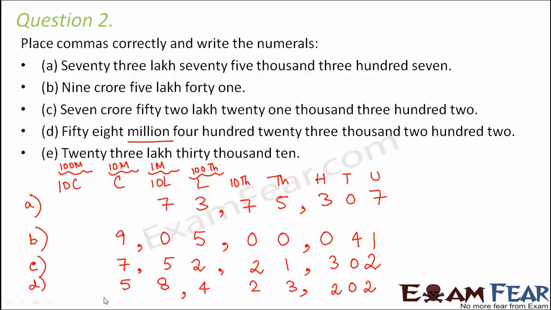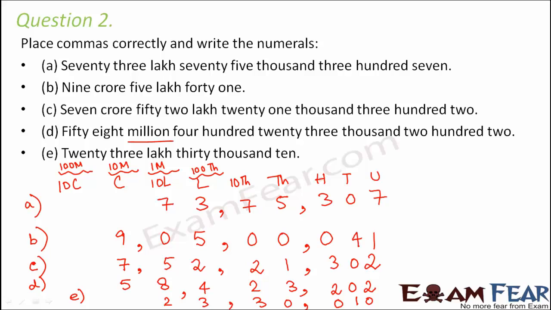Now let's look at the last one, which says 23 lakhs 30,010. 23 lakhs again from here, 30,000 and 10. So 10 would be in the tens and units place. So the hundreds place will have a 0.